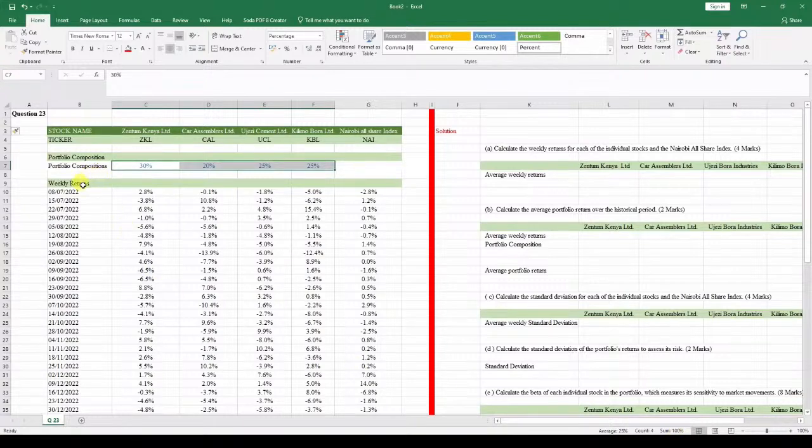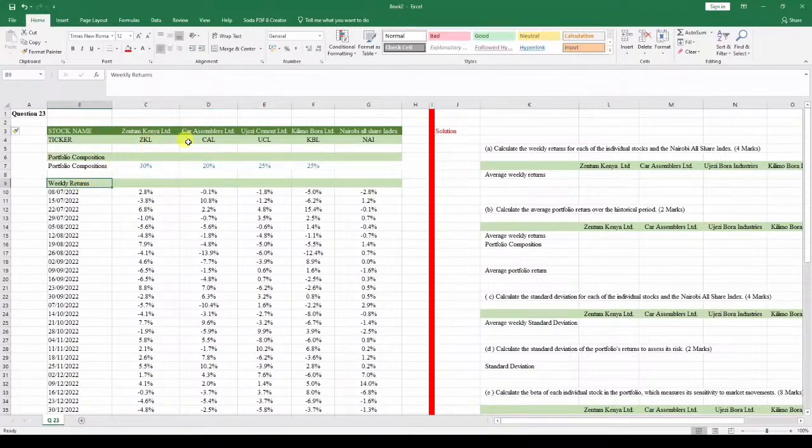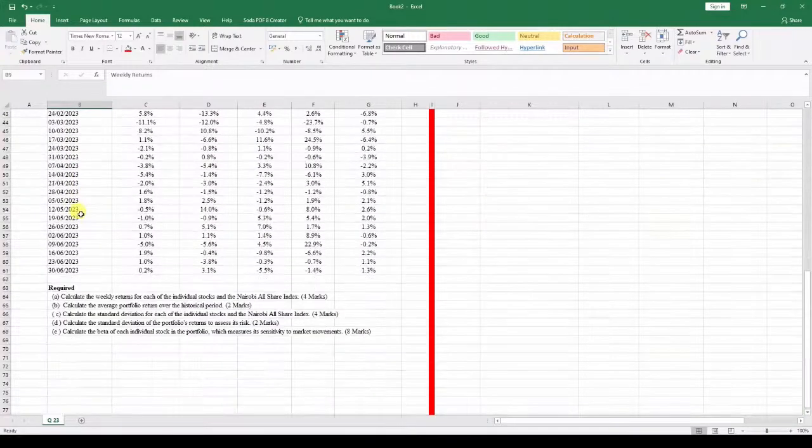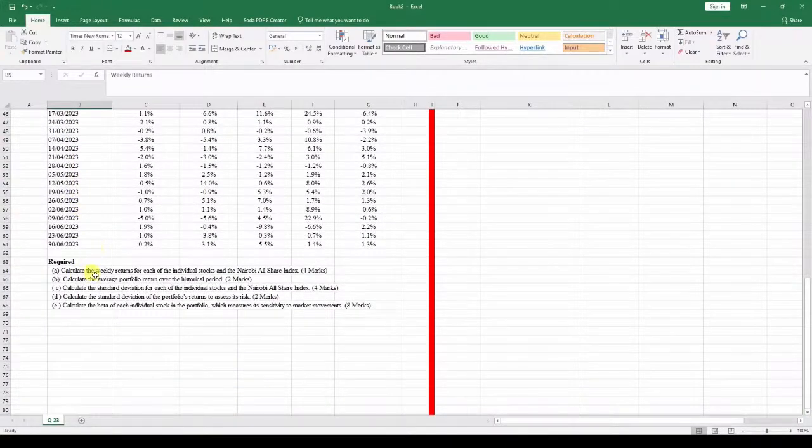You are presented with the weekly returns for all of those 4 companies, including the Nairobi All Share Index. Now, you are required to calculate the weekly returns for each of the individual stocks and the Nairobi All Share Index, calculate the average portfolio return for the historical period, and calculate the standard deviation for each of the individual stocks and the Nairobi All Share Index.